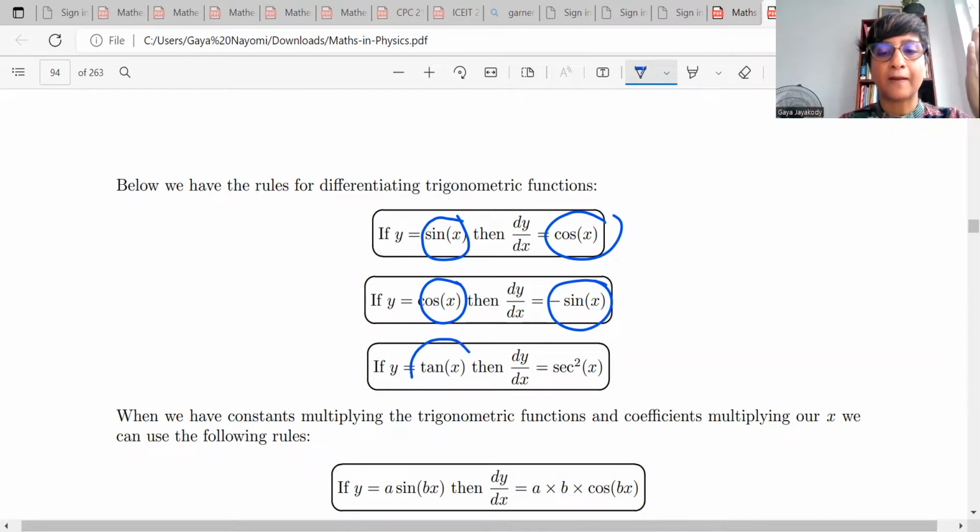Ma'am, for somebody who doesn't have to refer, how do they learn it? What do you mean? For somebody who knows all of this, do they memorize it or do they learn it? What happens is people memorize this, okay?